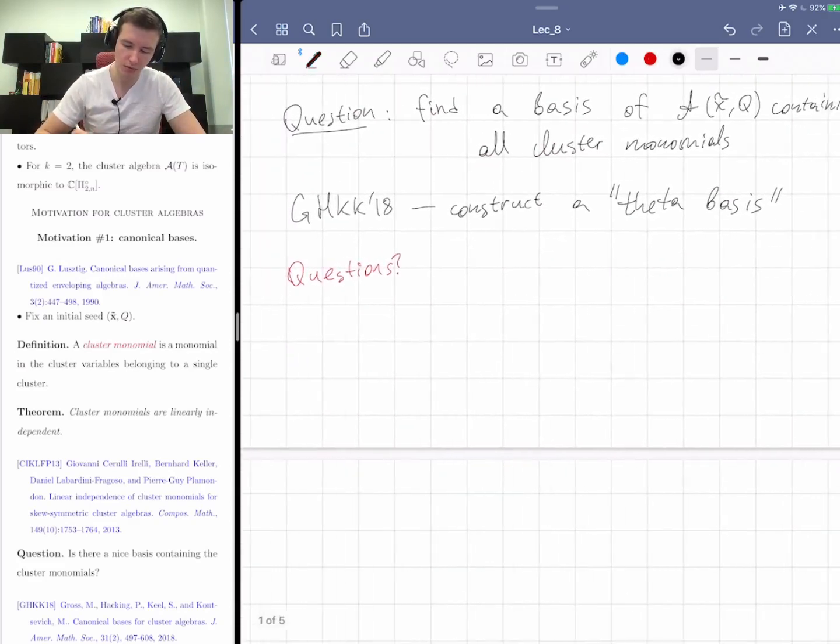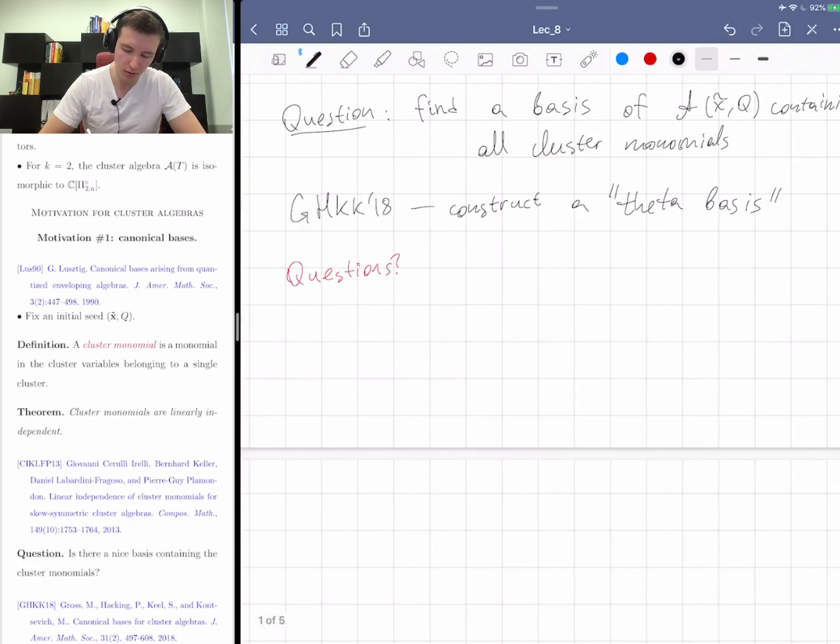So irreducible representations of the symmetric group, or of the general linear group, they all correspond to basically Young diagrams.